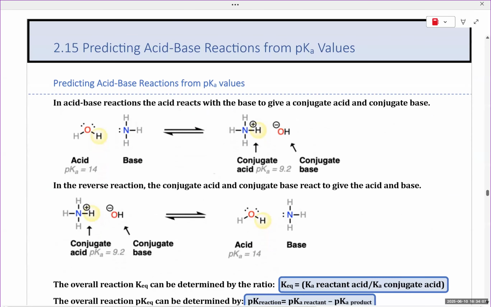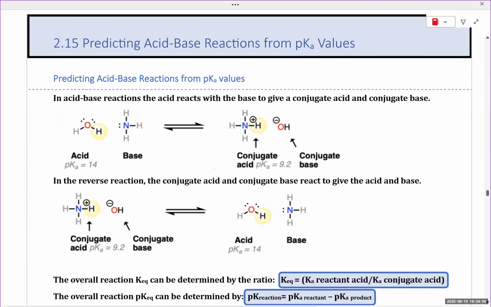Now, one thing that we can also do with pKa values is that we can predict the outcome of acid-base reactions. So in acid-base reactions, the acid reacts with the base to yield the conjugate acid and conjugate base.